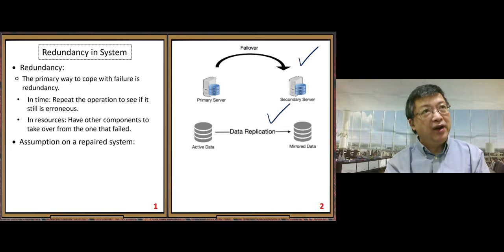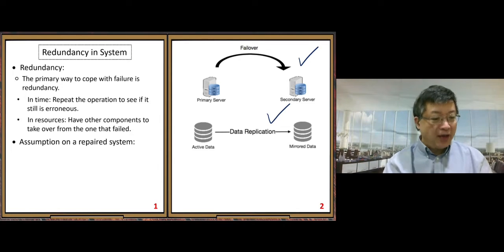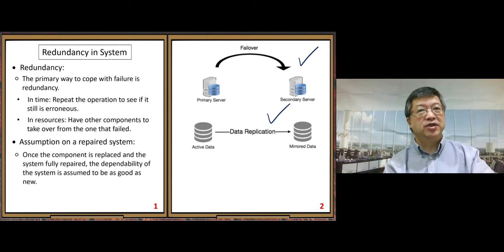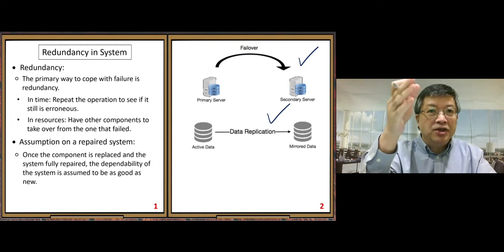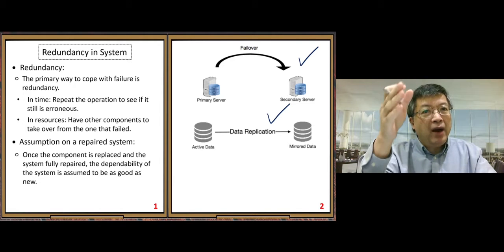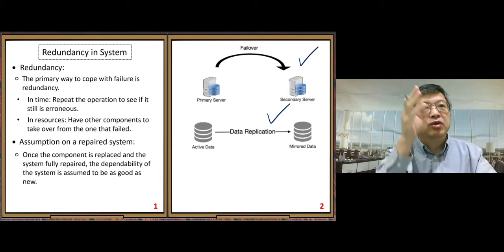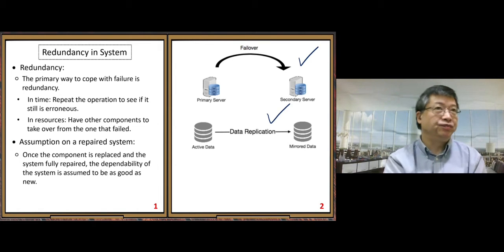So sooner or later, we need to repair the system. In that situation, we make this assumption on a repaired system. So what's that? Once the component is replaced and the system fully repaired, the dependability of the system is assumed to be as good as new. Yeah, that's the assumption.